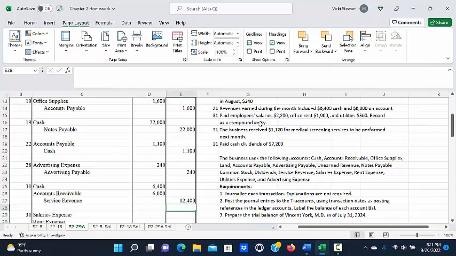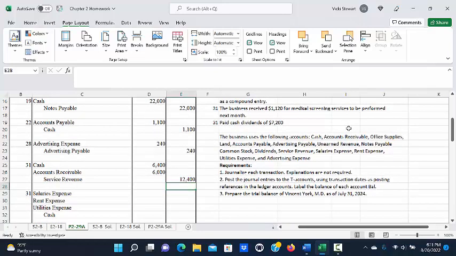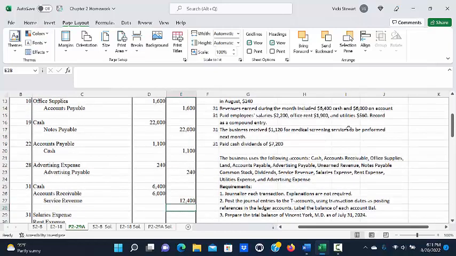The next entry says that we paid the employees' salaries for $2,200, the office rent for $1,900, and the utilities for $560, and they want us to record a compound entry. So first, let's talk about what a compound entry is. A compound entry is more than one debit and more than one credit, or it can be more than one credit. But in this case, it's going to be 3 debits for 3 different expenses and 1 credit.